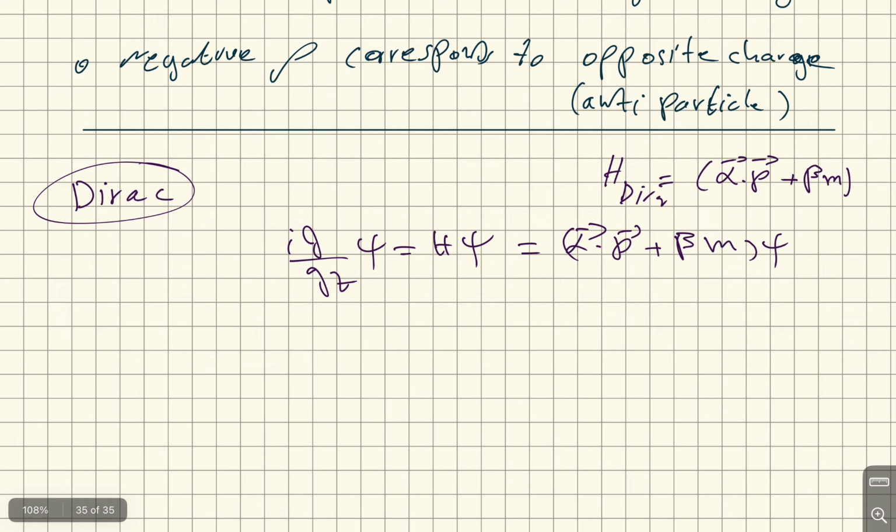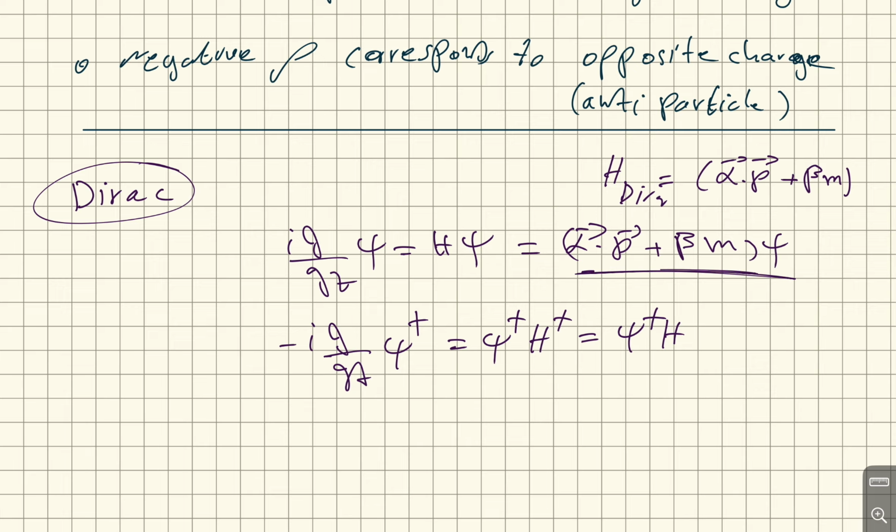If we take the Hermitian conjugate, which is the adjoint, we have now minus i partial t psi dagger equal psi dagger H dagger, which is equal to psi dagger H. Okay, why do we do that?